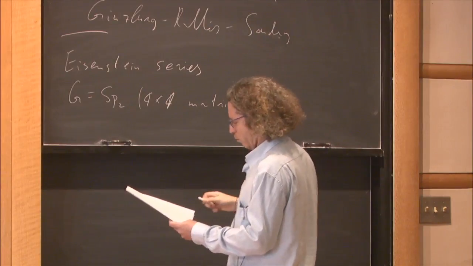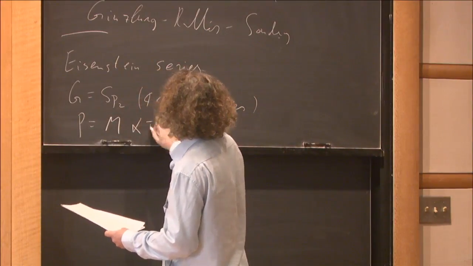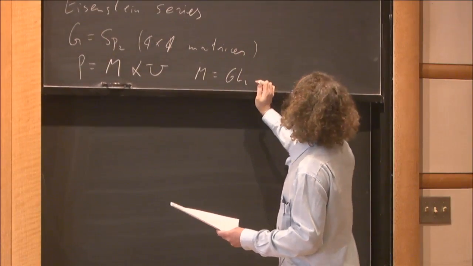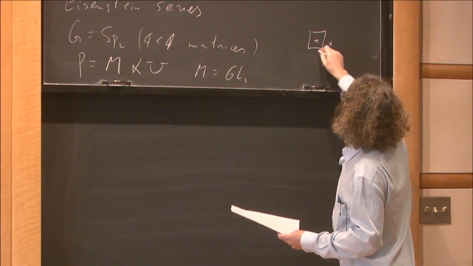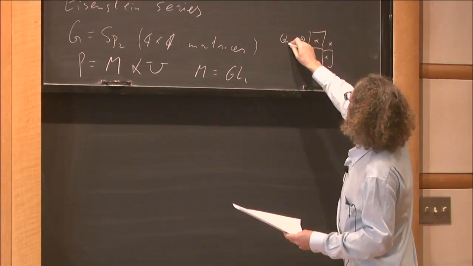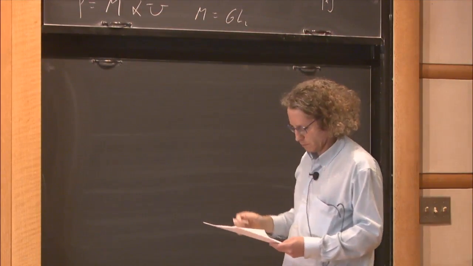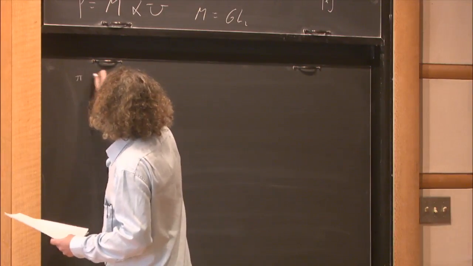And I will consider the parabolic subgroup, which is the so-called Siegel parabolic. So M is GL2. In matrices, it's something like that. This is GL2 here, and this is M and M star, the involution. And so I start with pi, a cuspidal representation.